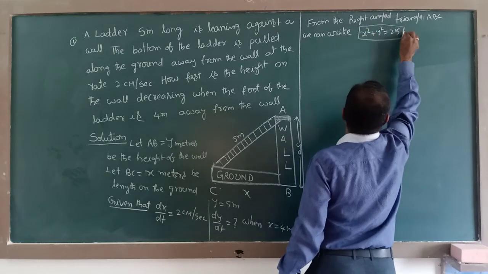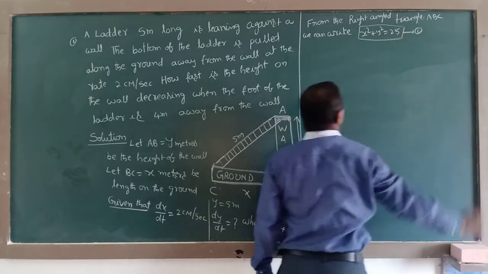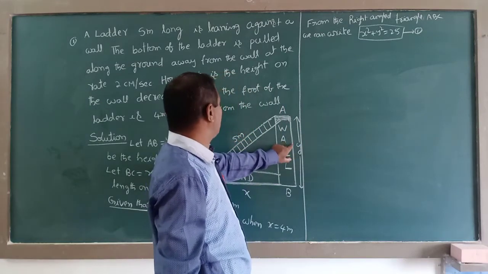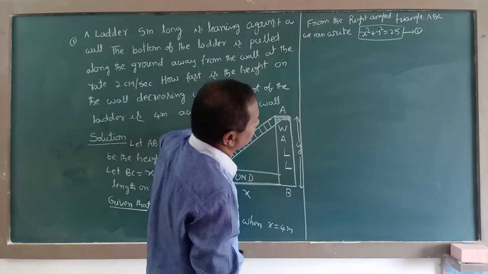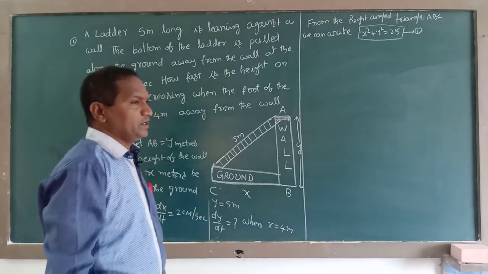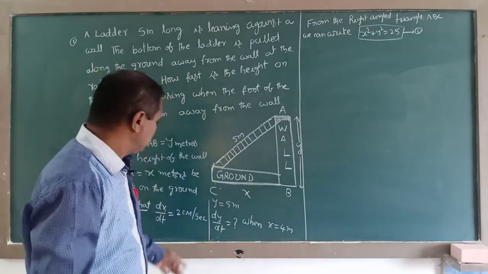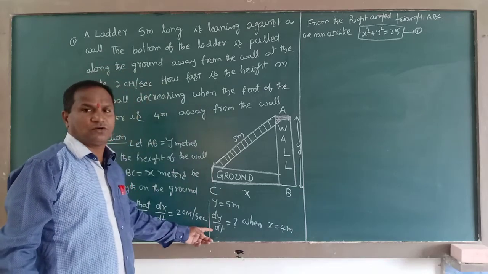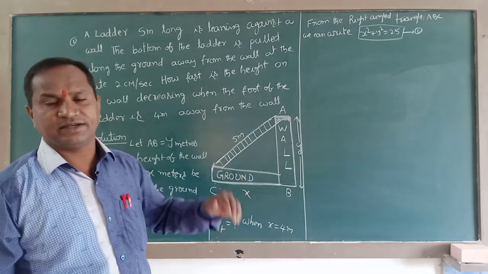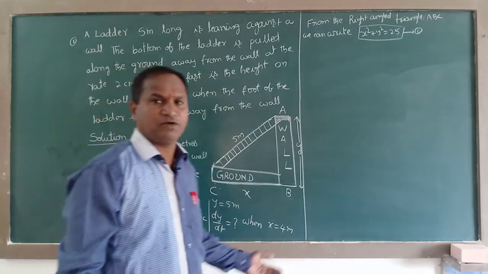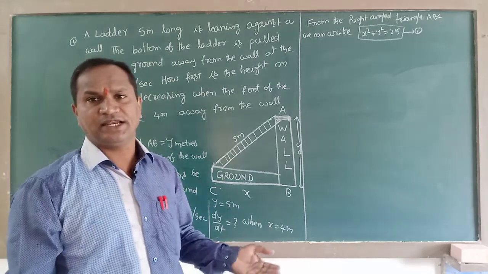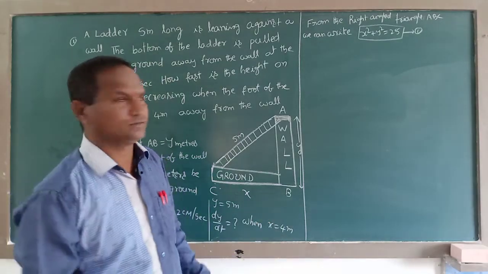It is the equation number 1. Because adjacent square plus opposite square is equal to 5 square means 25. From that only we are going to find the rate of change of wall when it will come down, means when it is decreasing. Whether decreasing or increasing we don't know, but we are going to find the rate of change of wall only here.